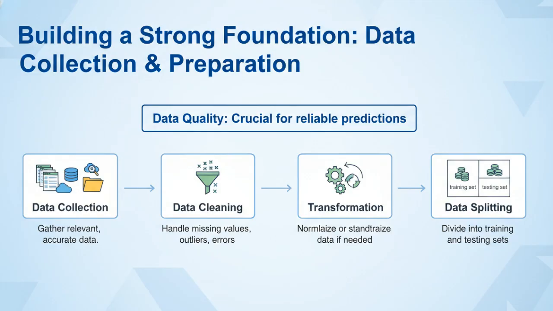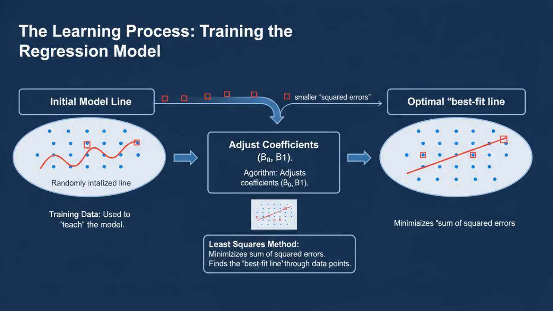Sometimes data might need transformation, such as normalization or standardization, to fit the model's assumptions better. Finally, we split our dataset into training and testing sets. The training set teaches the model, while the unseen testing set evaluates its predictive performance, ensuring it can generalize to new data.